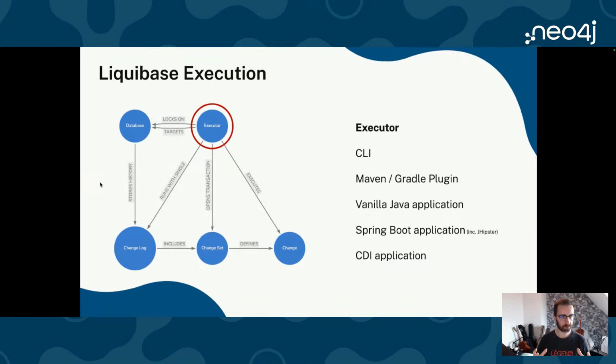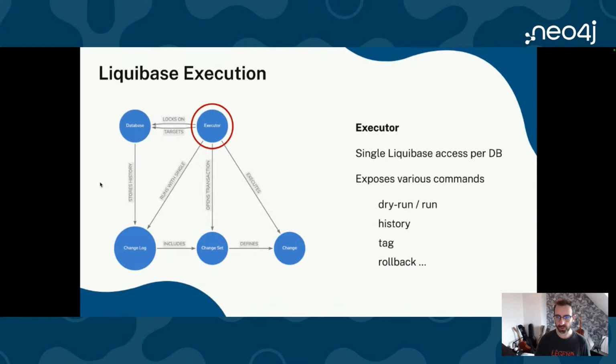So you have an executor, and usually you have a few commands available. Let's say run, which is not called run but update, which will go through the single changelog and parse the changes that need to happen. And what the executor will do then is, okay, for each change set, I will open a new transaction.